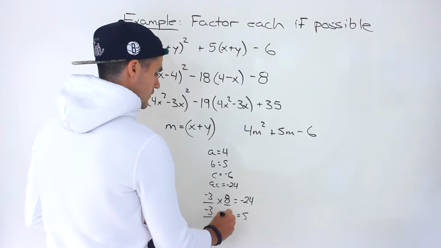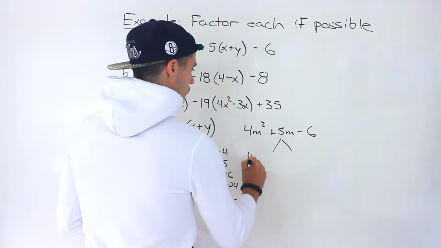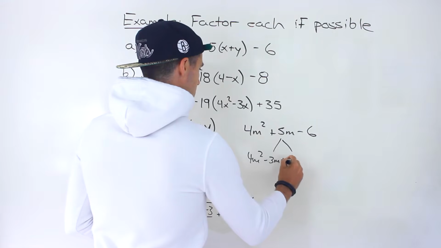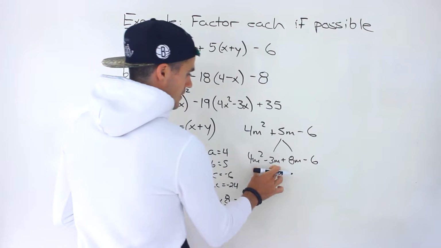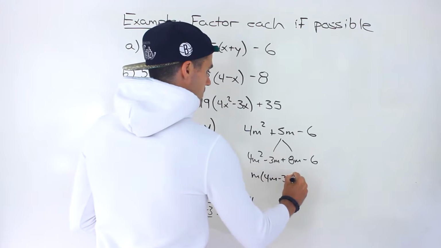Then we could decompose this middle term into minus 3m plus 8m minus 6. From these two, we could take out an m, and then from these two, we could take out a 2.